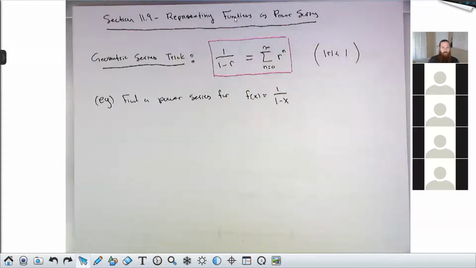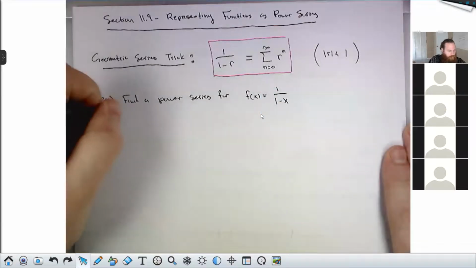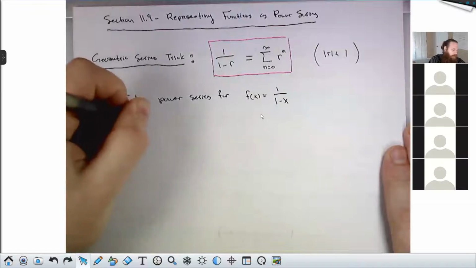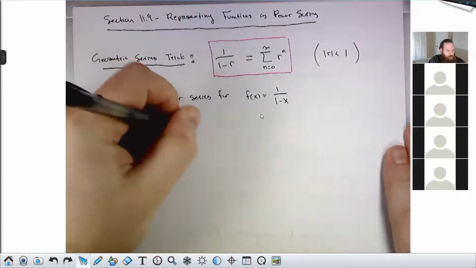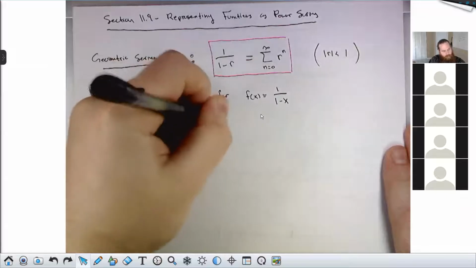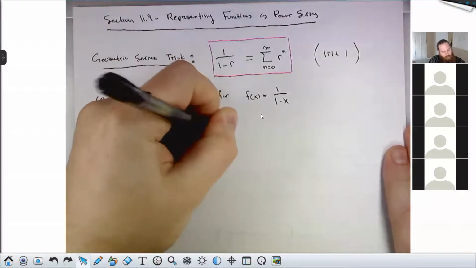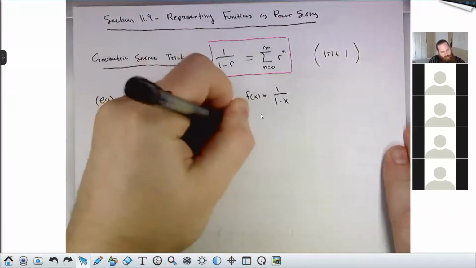How could we use the geometric series trick to find a power series for this function? What could I plug in for r in the pink formula to get a series for this expression? X. Yeah. Here we'll just take r equal to x, and we get that 1 over 1 minus x is sigma n from 0 to infinity x to the n.